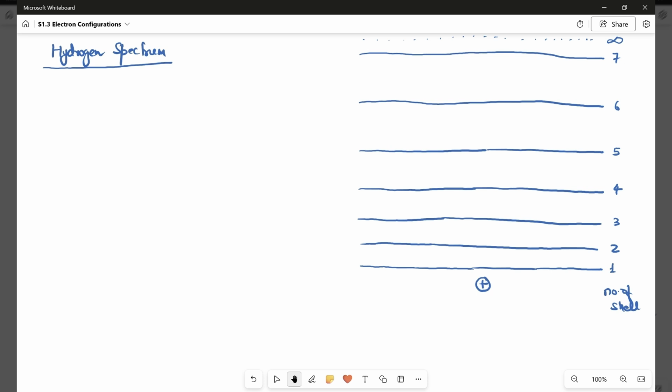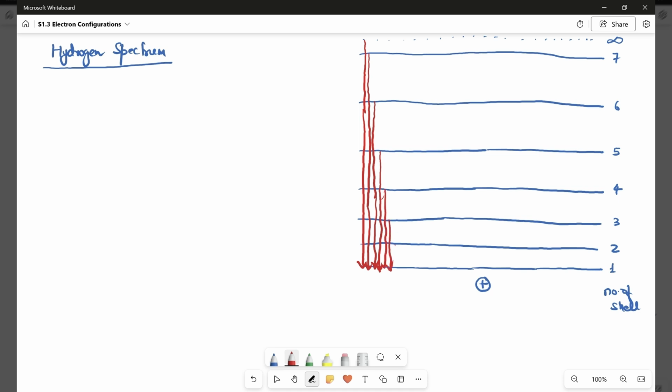Okay. So let's say that the electrons are coming back from infinity to orbit 1, or you can say from orbit number 7 to 1, or 6 to 1, 5 to 1, 4 to 1, 3 to 1, or 2 to 1, right?